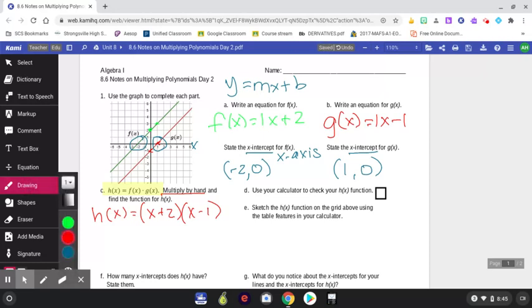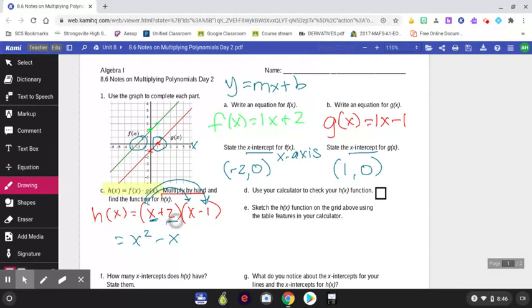It says to multiply by hand. So remember in class we've been talking about really using the distributive property, right? I'm going to take this first term of x and distribute that to each term in the second group. X times x is x squared. And then I multiply x times -1, which is -1x.